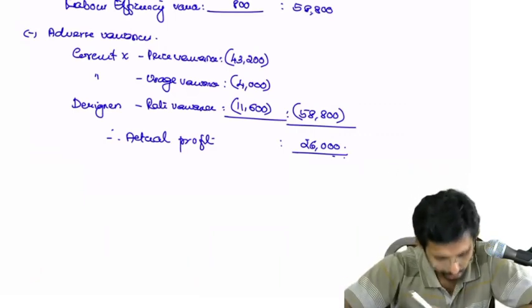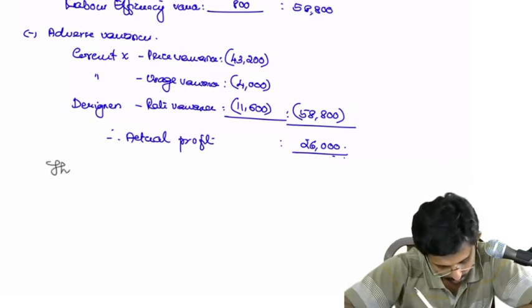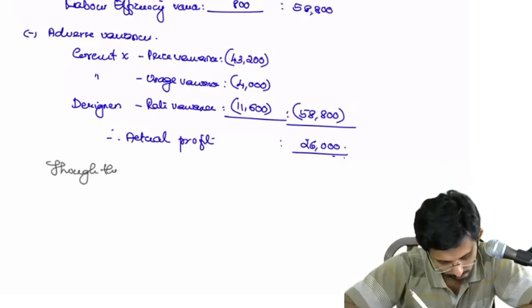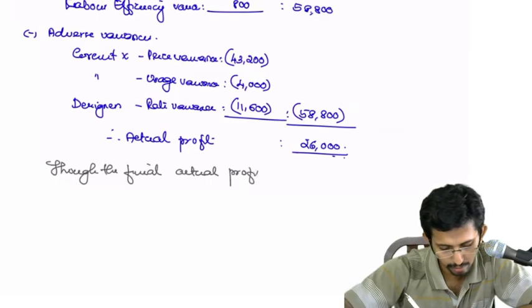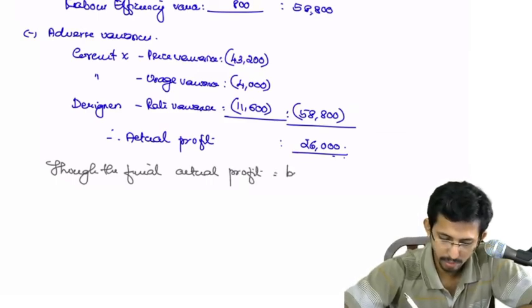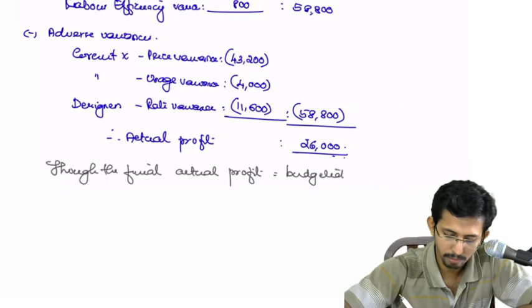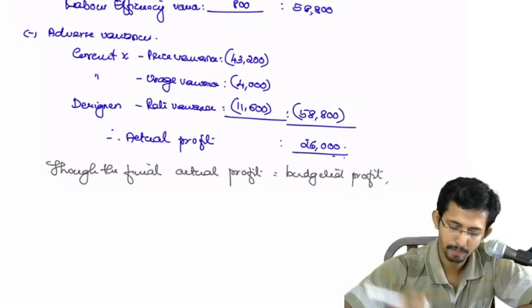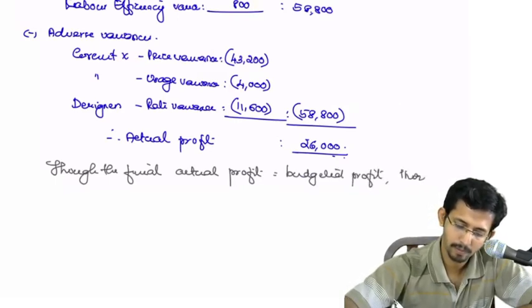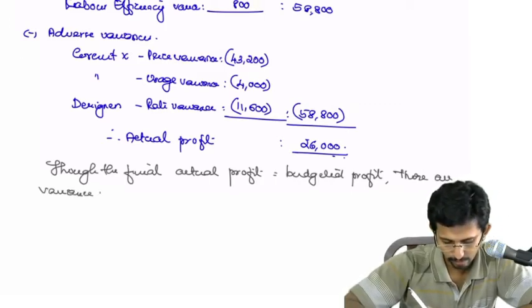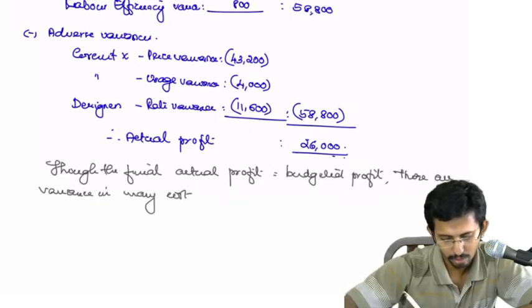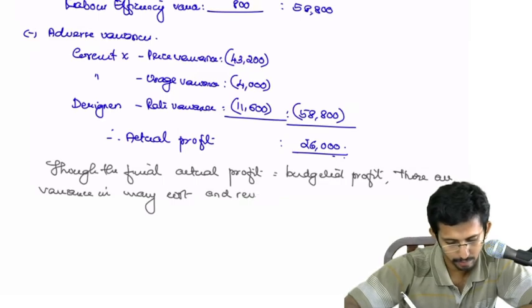Okay, so you can write, though final actual profit is equal to budgeted profit, there are variances in many cost and revenue components.